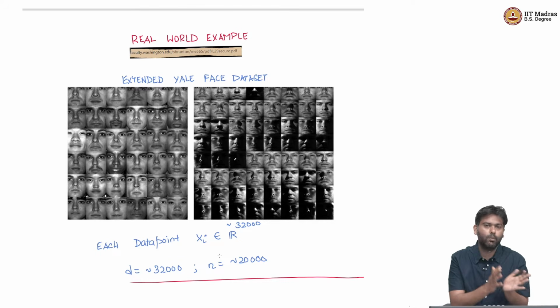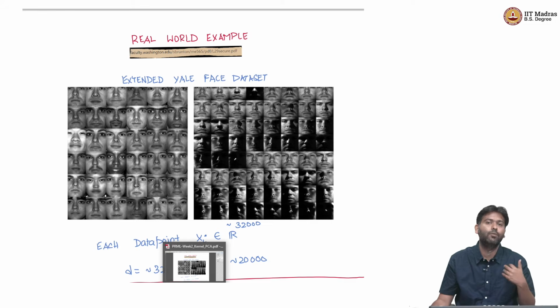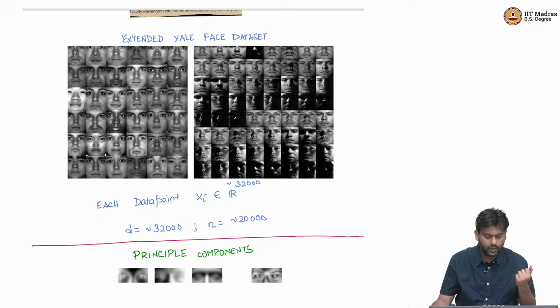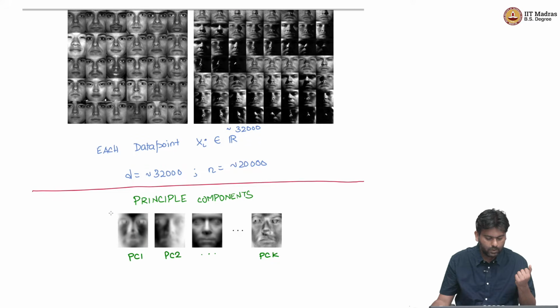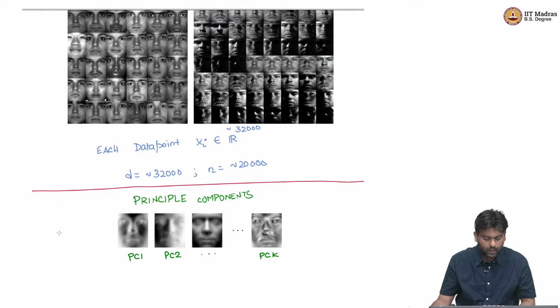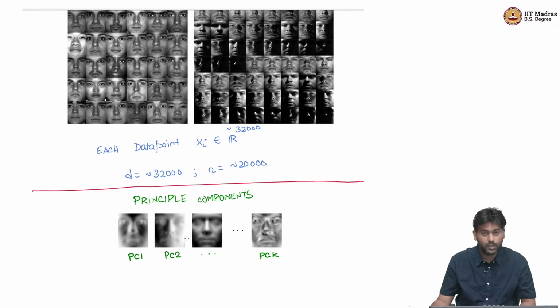If we did that, we can ask how these principal components look if I visualize them as images. When you do that for this dataset, you see the principal components look like these. The first principal component looks like this image right here, the second principal component looks like the second image, and so on.